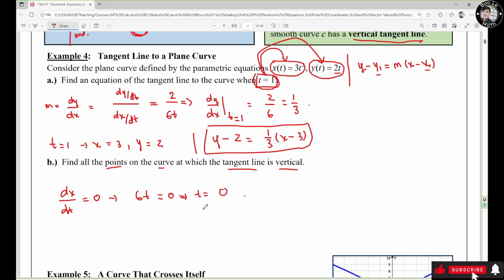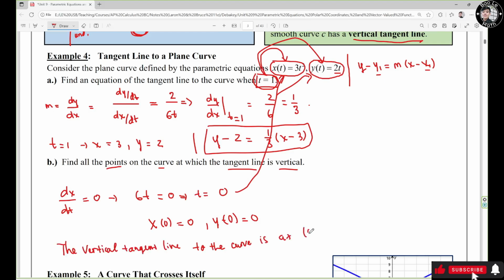Now you need to find the ordered pair, so substitute 0 for t back into the equations. x of 0 is 0 and y of 0 is 0. So the vertical tangent line to this curve is at (0, 0).